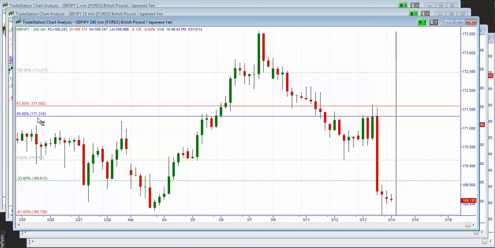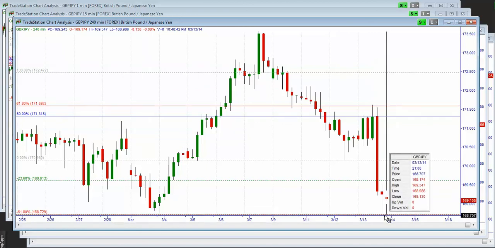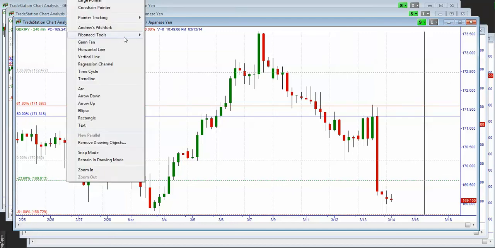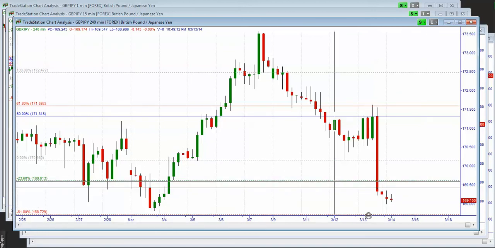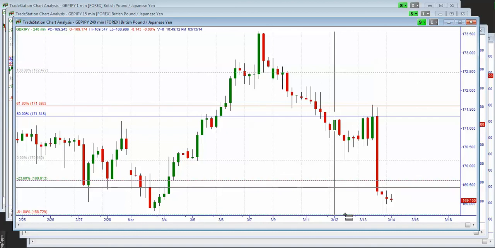Now this 171.31 broke price again into first target 169.61, and again look at how beautifully this level works, and you have profit taking coming at these levels. So when we have second target hit, we also know that we are going to study what the market is going to do at the next level of resistance here.